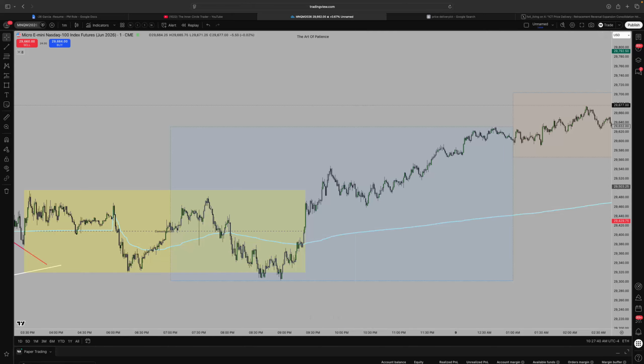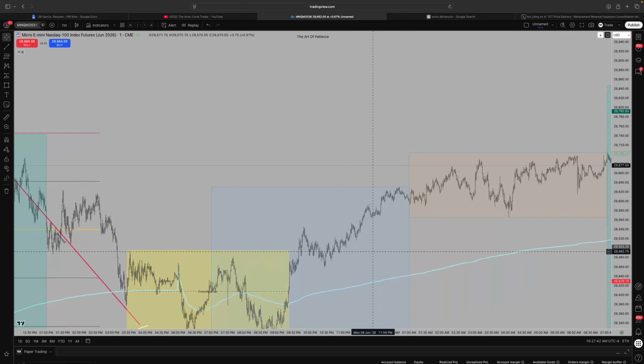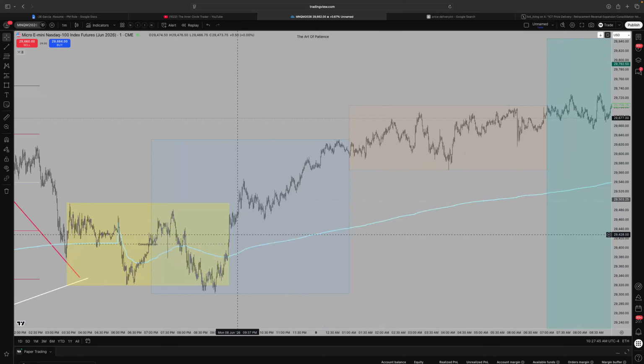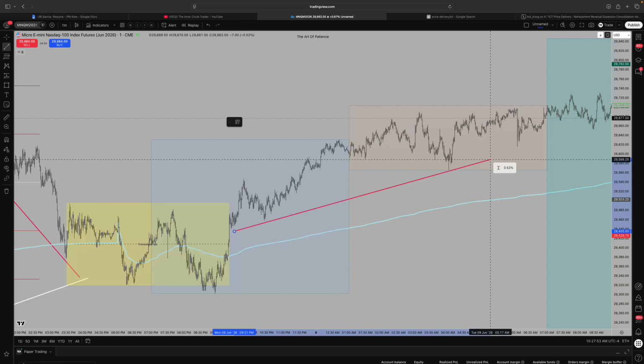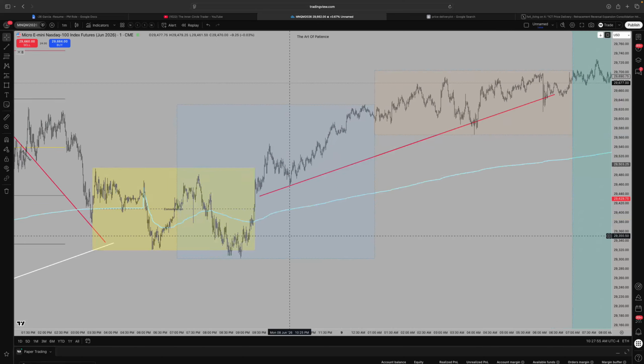You can see here clearly a beautiful expansion move. Rallied. It's an expansion move.